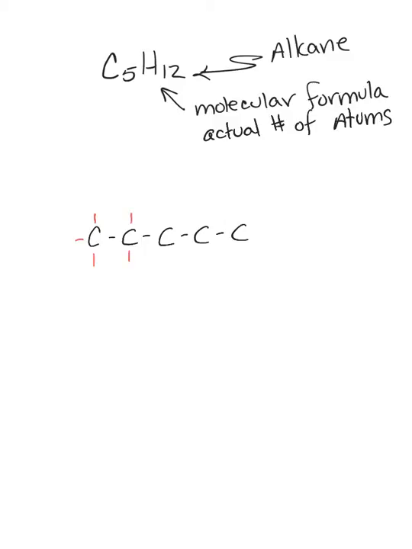This carbon already had 2, so I added 2 more. This one had 2, so I added 2 more. This one had 2, so I added 2 more. And this one has 1, so I'm going to add 3 more. If I count them up, you will see that this thing now has 12 hydrogens around it. So it's a good way to check yourself.